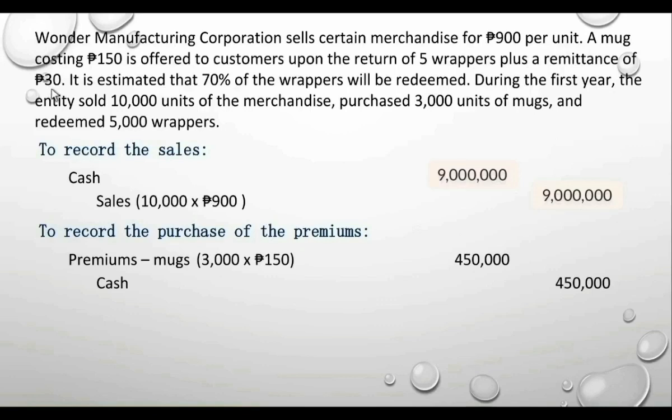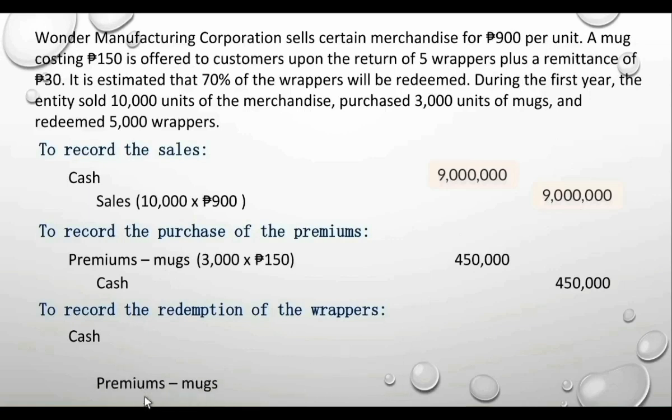Therefore, from the viewpoint of the entity, it increases its cash. So, debit cash. When the entity gives the mug to the customer, its asset account premium mugs decreases, right? Being an asset, to decrease, it must be credited.